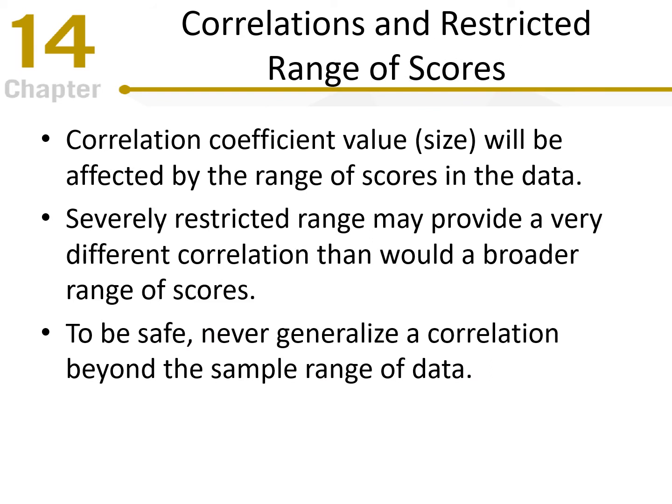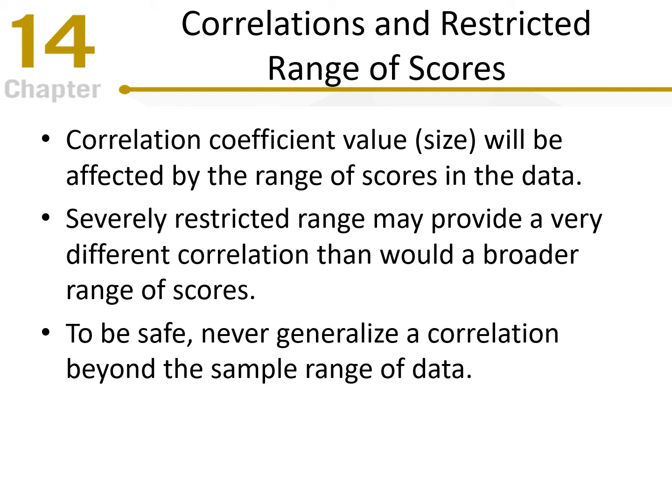Now, in terms of the range of the correlation, the correlation coefficient is affected by how much data you're looking at. So if you're only looking at part of the data, or a restricted amount of data, you may underestimate the correlation, as opposed to looking at all the data.